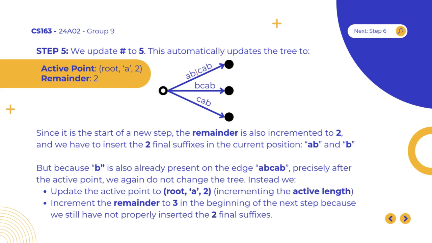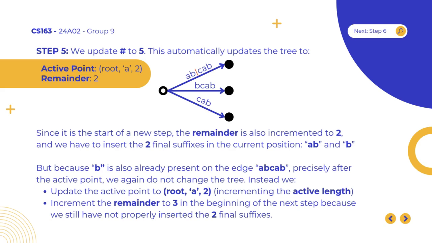Instead, we update the active point to root, A, 2. So we're incrementing the active length. The remainder in this step will also not be decremented.